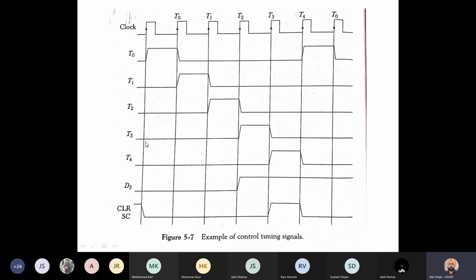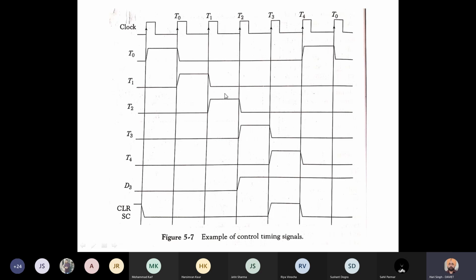So 5 states are required to generate any, say, it is an example of a particular instruction. Okay, so a particular instruction requires 5 T states. So during T0 and T1, the control unit performs fetching of the instruction.